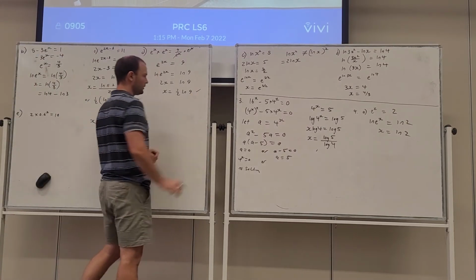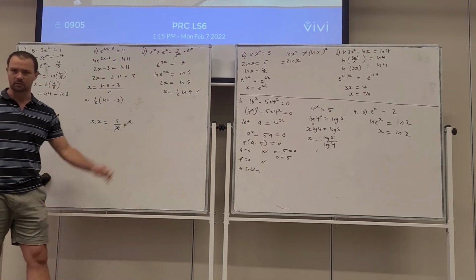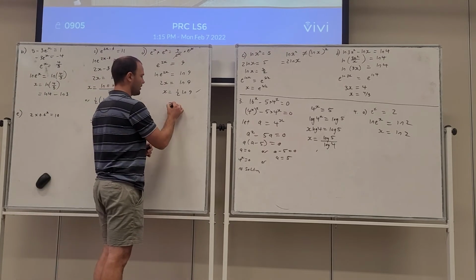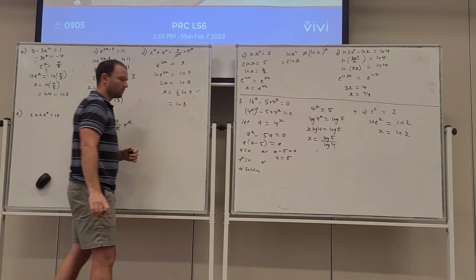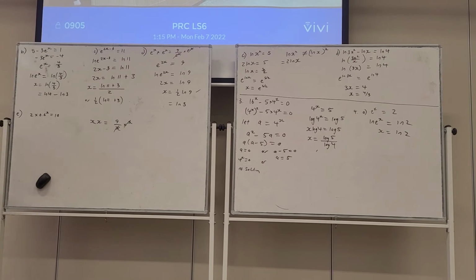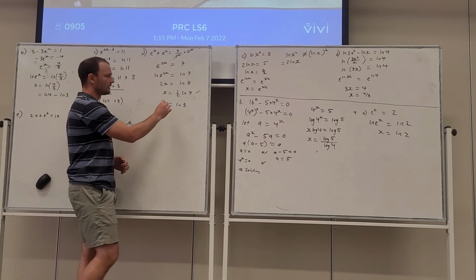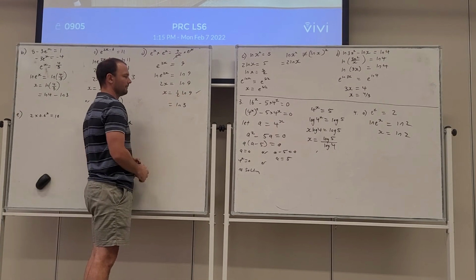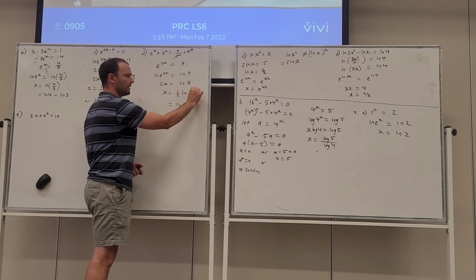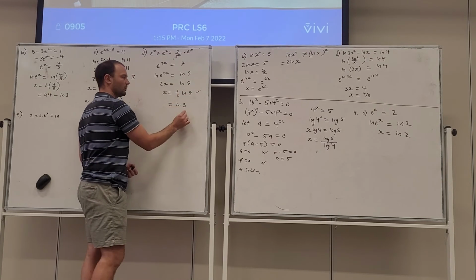But if you were to look in the textbook for a question like this, they would write ln 3. Why? Who can see? You do ln 9 to the power of half, which is the square root of 9. Very good, yep. If we take that half up there, that's the square root of 9, which is 3.